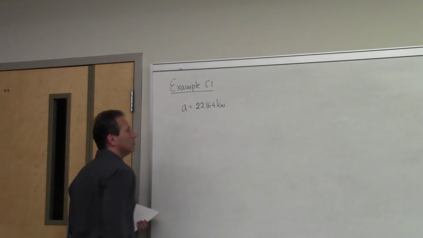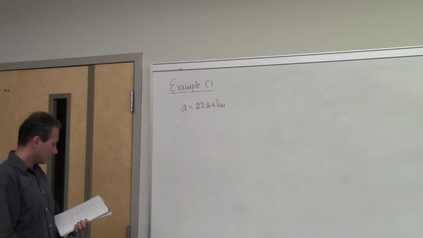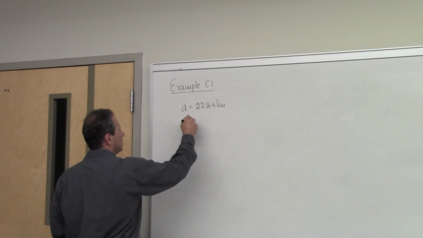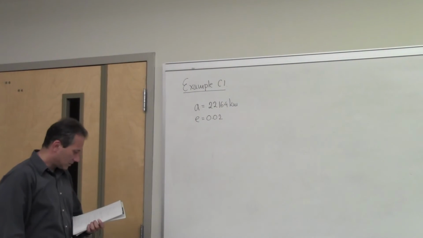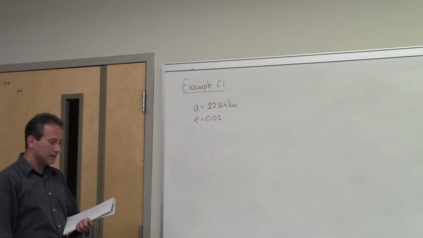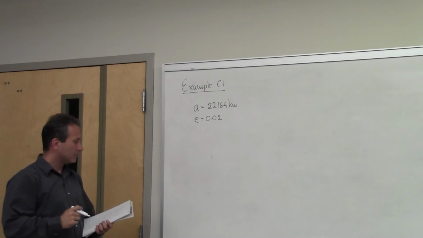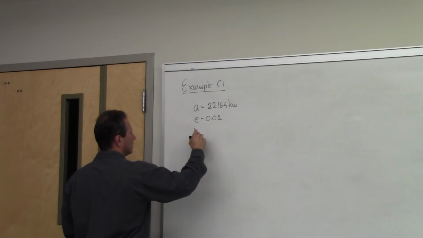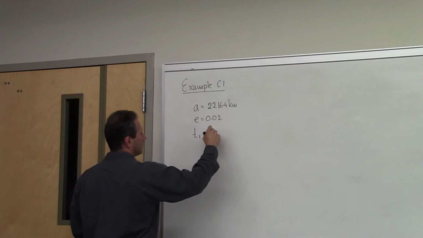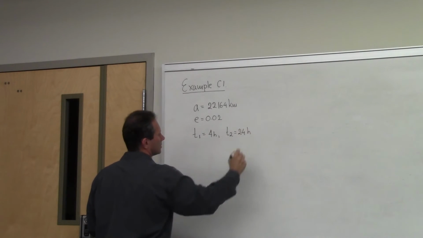So this is a medium Earth orbiting satellite, MEO orbit. It has eccentricity e equal to 0.02. And it says determine the position of the satellite in its orbit 4 and 24 hours after passing through perigee. So T1 is equal to 4 hours and T2 is 24 hours.